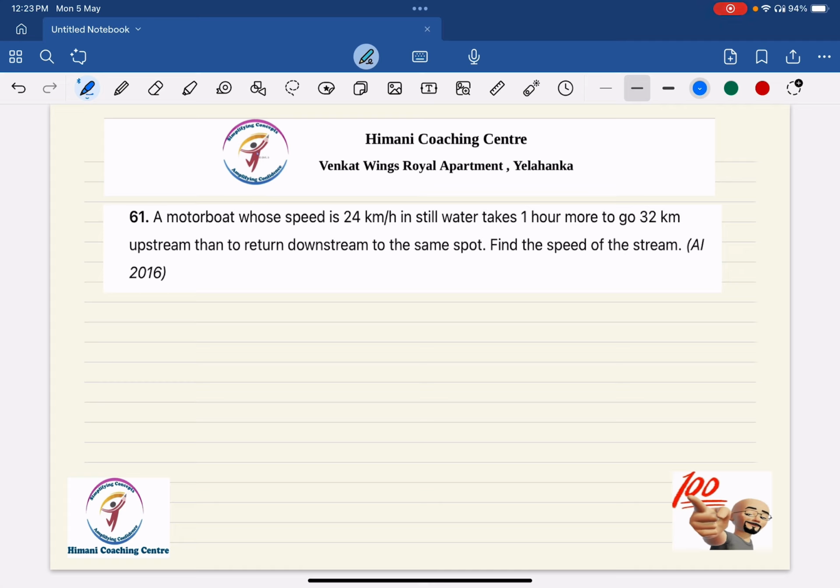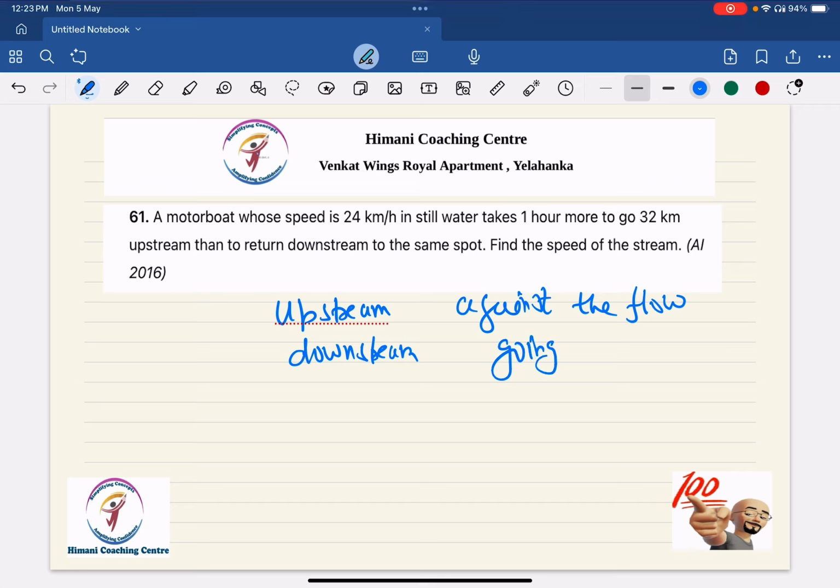Now, before we do the question, first let us understand the meaning of upstream and downstream. See, upstream is when we are going against the flow, okay? And downstream means we are going with the flow, okay? So let us say, just in terms of understanding, that speed in still water is x kilometer per hour and speed of stream is y.